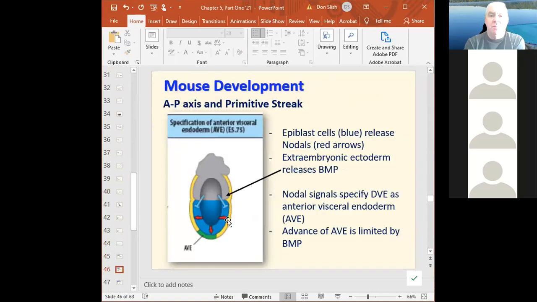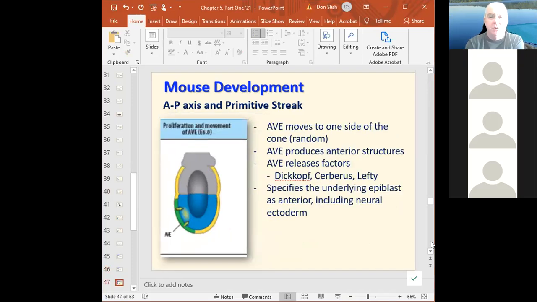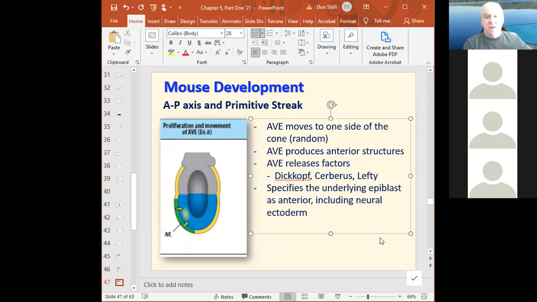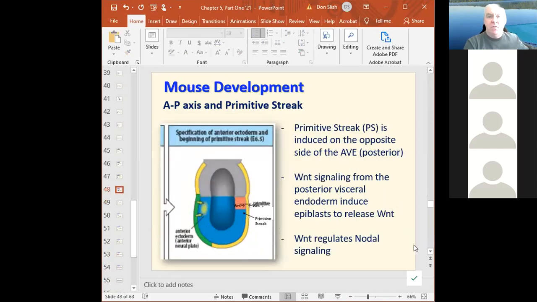And we've got, again, BMP, which is a TGF-beta-like signaling molecule. And we've got Wnt being produced too. We'll see that in a second. And this AVE is blocking that. So it's kind of a similar model. It's almost like they evolved from a common ancestor or something. Okay, so this specifies the underlying epiblast as ectoderm.